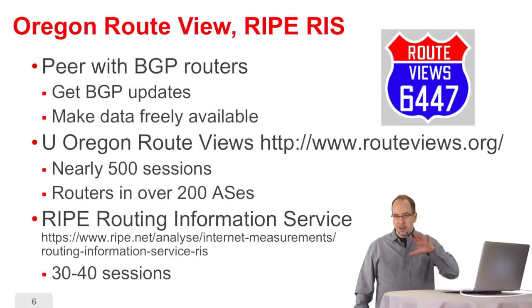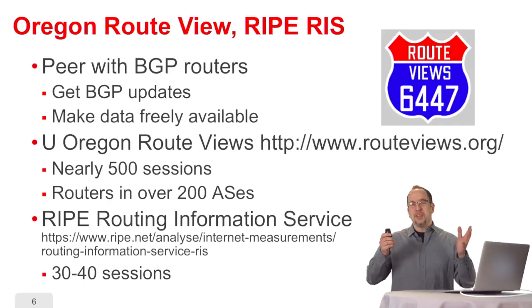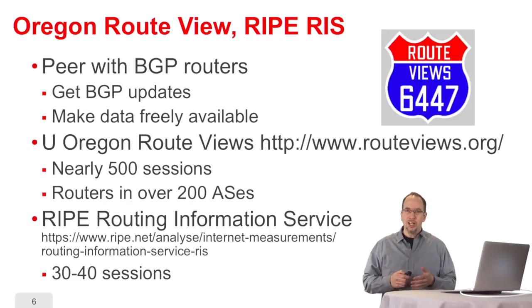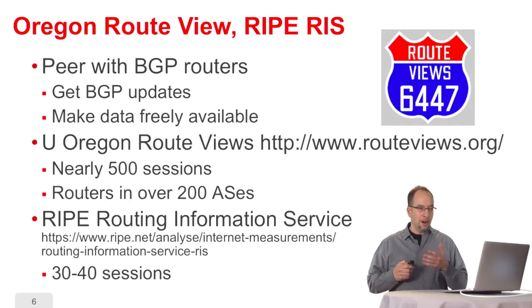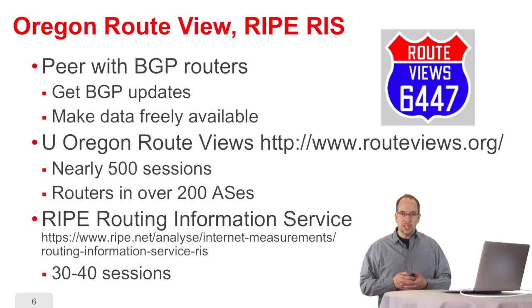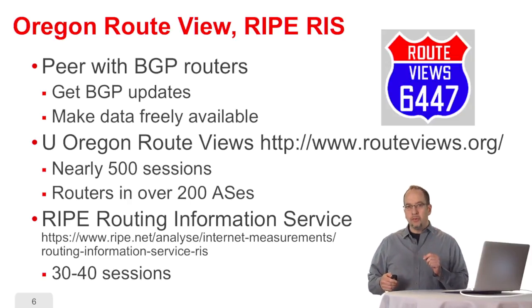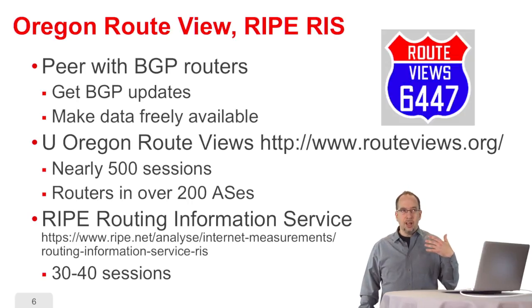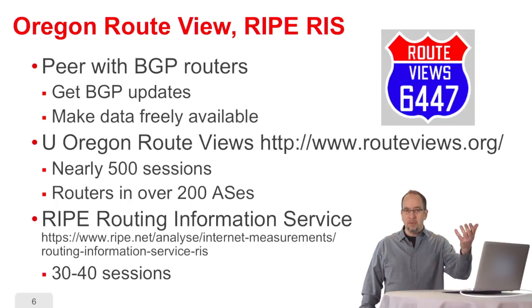Finally, I group these together as a single platform, but they really are two platforms, Oregon Route Views and RIPE Routing Information Service. But they provide largely the same service, which is that both of these platforms peer with BGP routers of internet service providers and other network operators that agree to provide feeds, provide BGP updates from their routers.